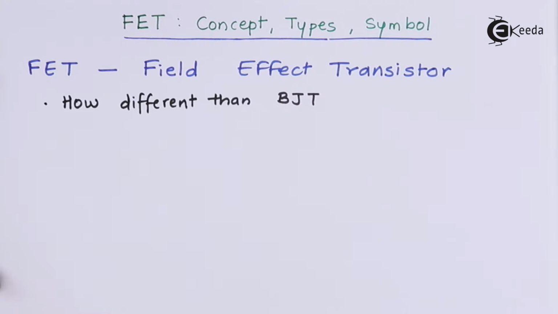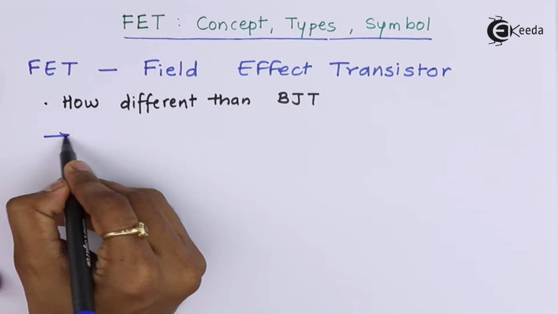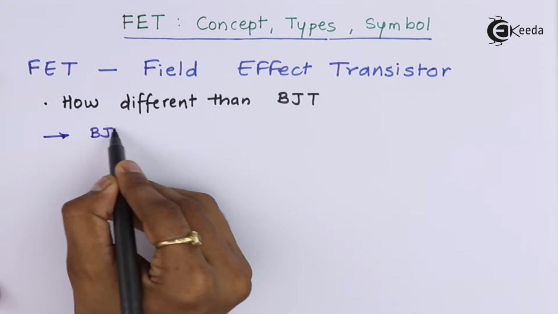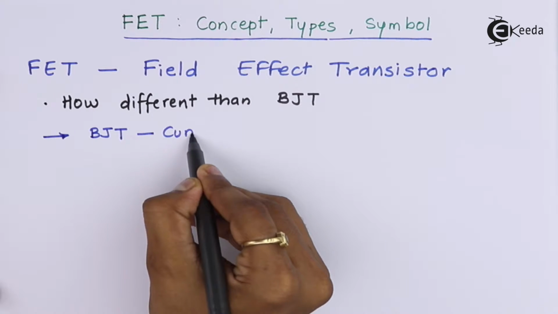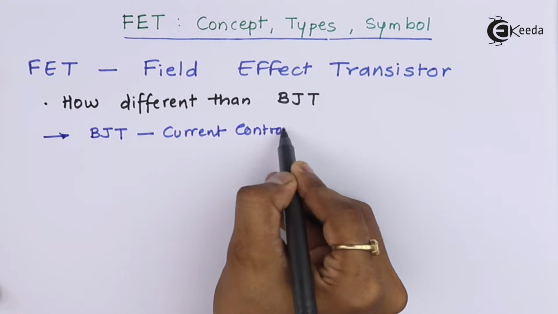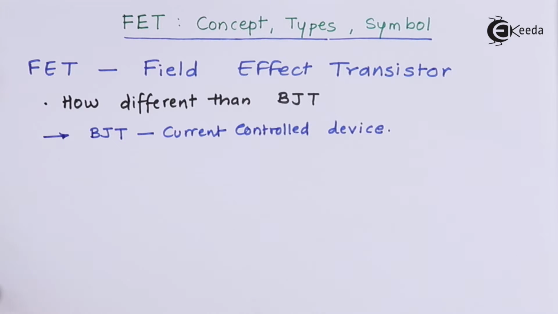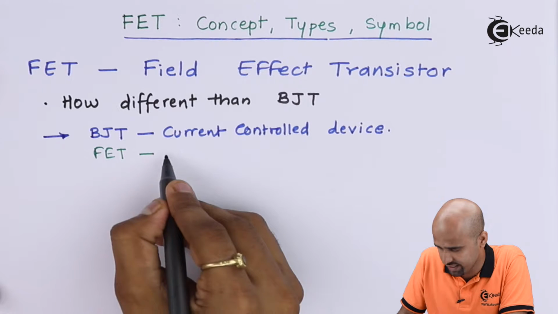We will take some points. First of all, your BJT is a current controlled device, and your FET is a voltage controlled device.